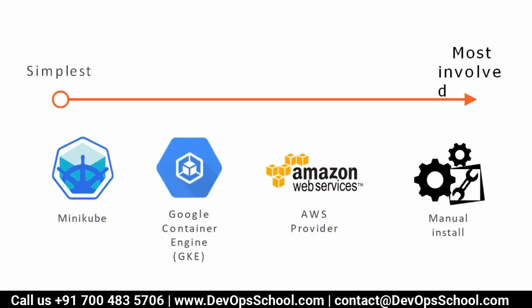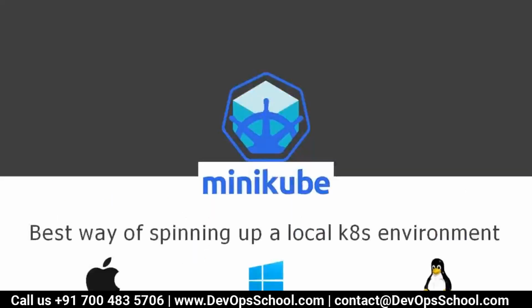We are using the AWS provider, which is EKS, but I'll discuss a little bit about Minikube. No demo will be given, but I'll provide sufficient documentation to get started. Now, what is Minikube?